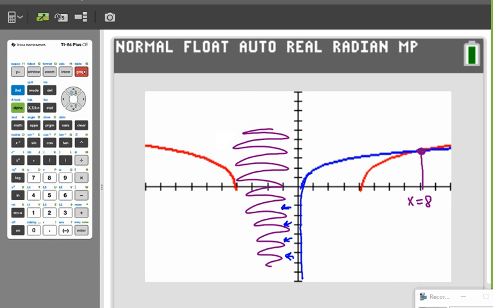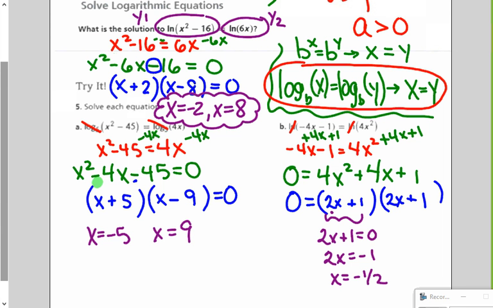In fact, the function is undefined over there. If I take -2 and try to plug it in right here, I would say the ln of -12, and you can't do that. Negative numbers aren't in the domain of a log. So only 8 is a valid answer. Okay?